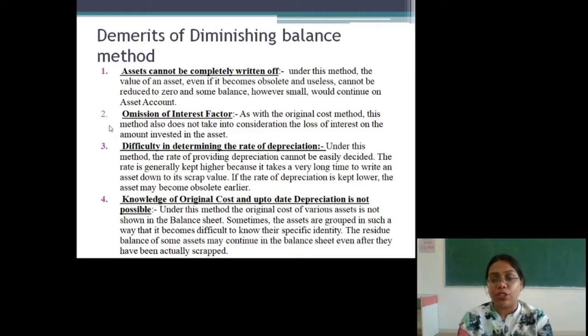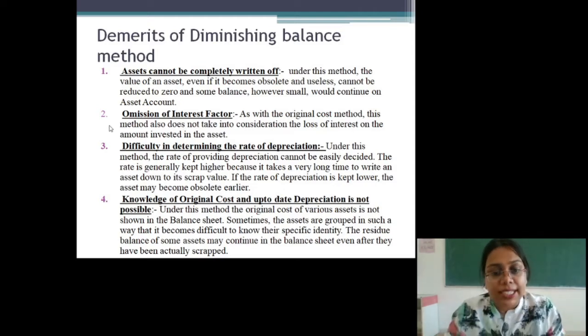If the rate of depreciation is kept lower, the asset may become obsolete earlier.